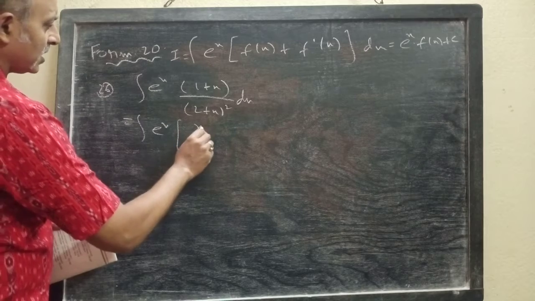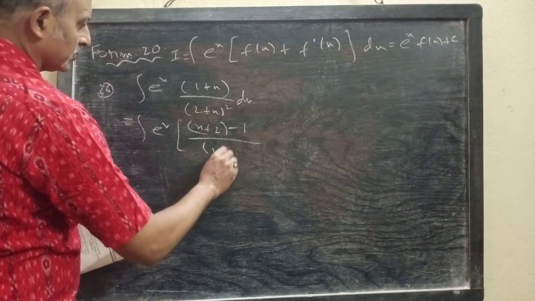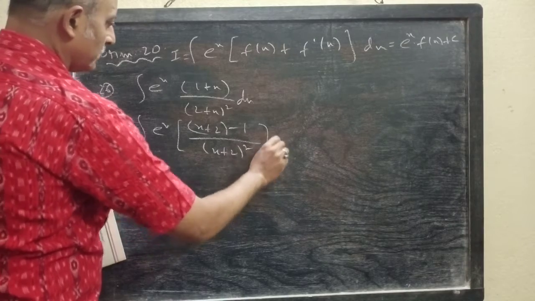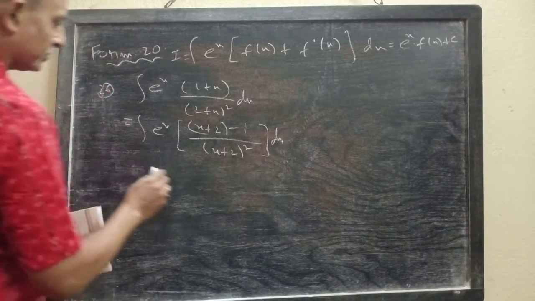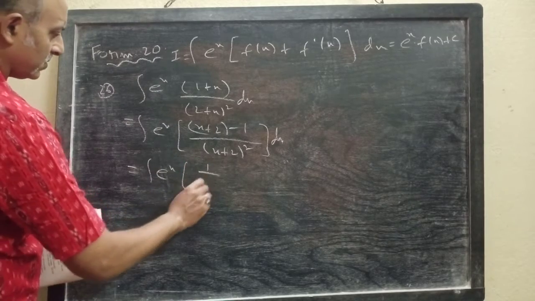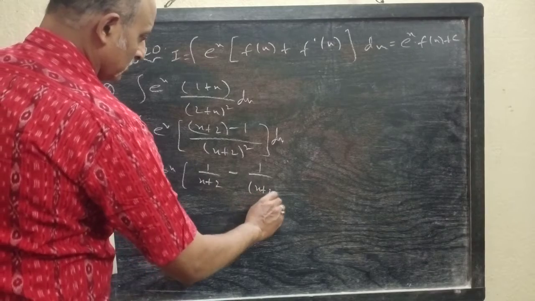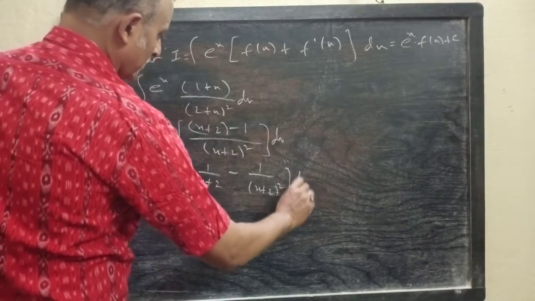Now x plus 1 can be thought of as x plus 2 minus 1 by x plus 2 whole square, then dx. Integration e to the power x, this by this, that is 1 by x plus 2 minus 1 by x plus 2 whole square dx.